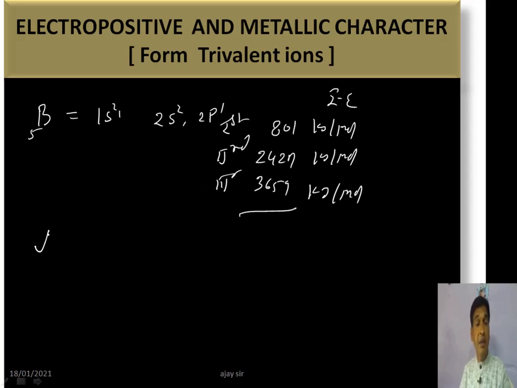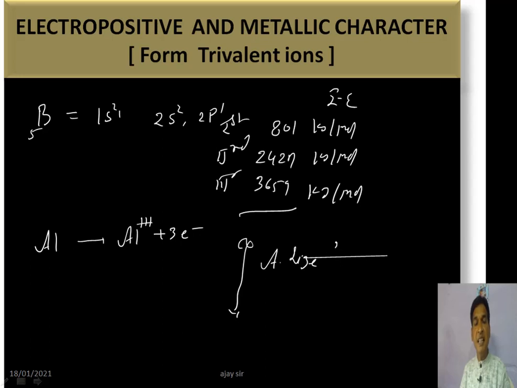But aluminium is large in size compared to boron, so aluminium ejects 3 electrons from its outer shell and changes into aluminium trivalent. The general concept is that from top to bottom in a group, atomic size increases, then ionization enthalpy decreases.